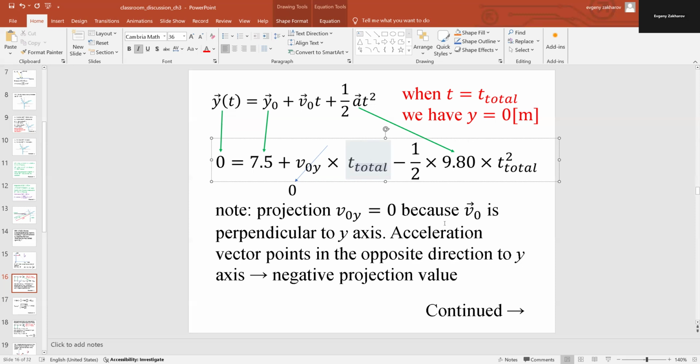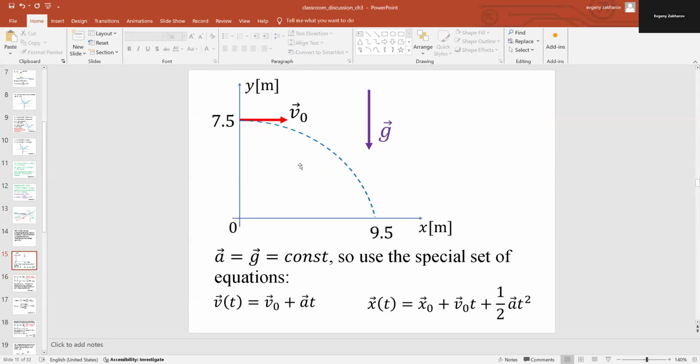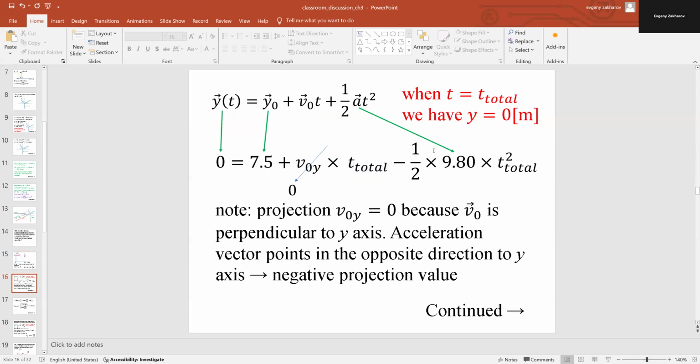And what's so special about quadratic equation? You're going to get two answers. One of them is probably 0, which makes sense because you start from 0 and you're at a certain position. Or it's even going to be negative, and you say, can time be negative? No, it can't.